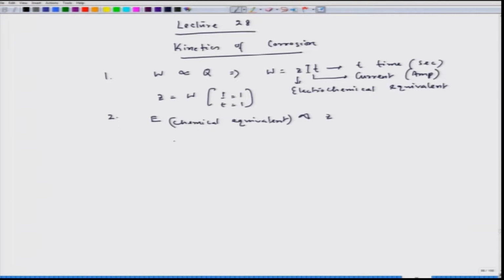One was electrolysis of aqueous NaCl solution, another one is the electrolysis of aqueous AgNO3, and we saw that in case of NaCl, we had chlorine gas on the positive electrode, that means the anode, and on the negative electrode we had hydrogen generation, that was basically H2O reduction or water reduction.